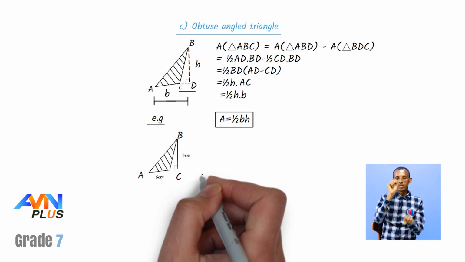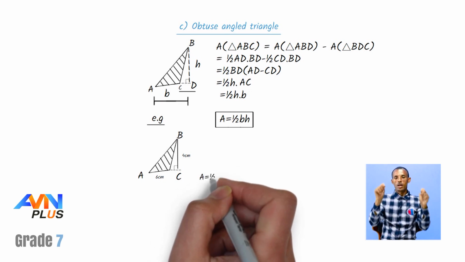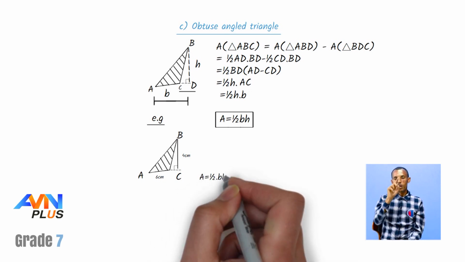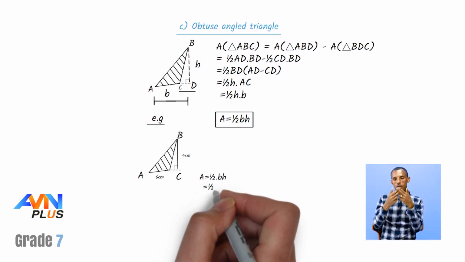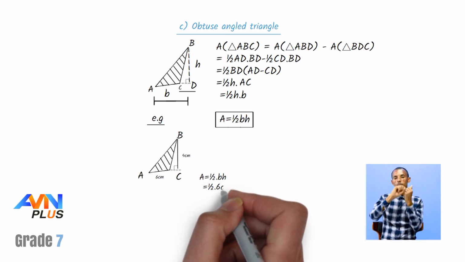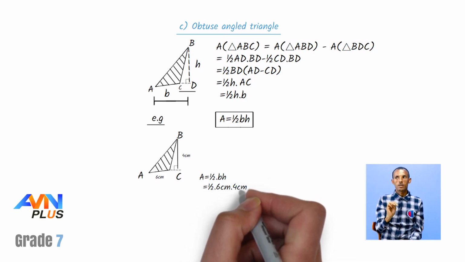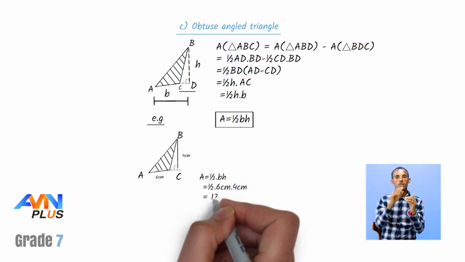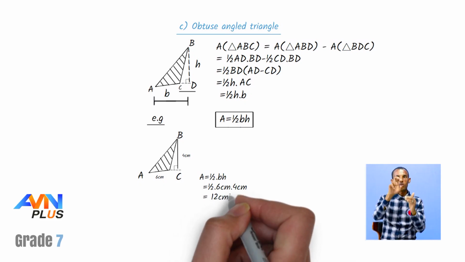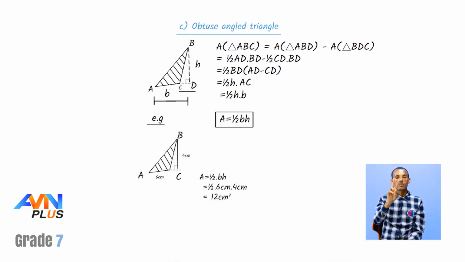So the area of this triangle will be half times base times height, half times 6 centimeter times 4 centimeter. Therefore, 6 times 4 is 24, over 2 is 12 centimeter square.